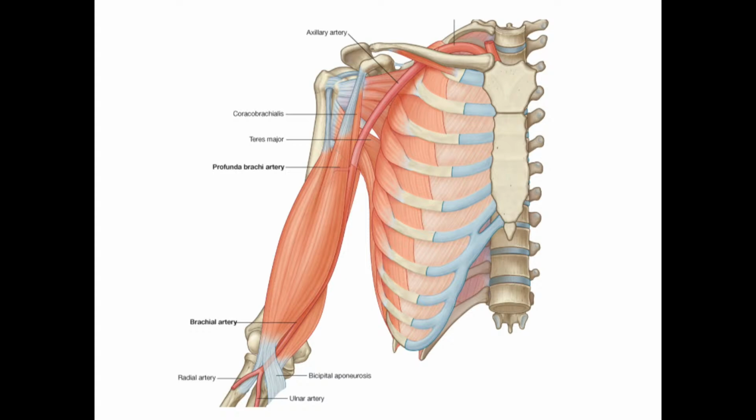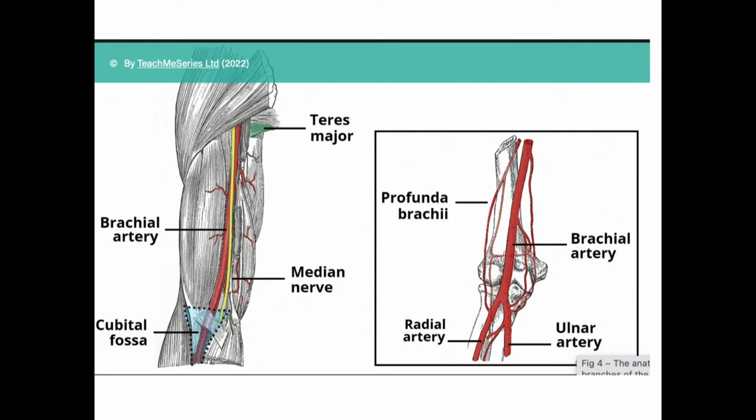To see another photo more in 3D, this is our teres major, and from the teres major it became the brachial. So it goes like this, and at the level of the elbow joint, we have the cubital fossa, this part in the hand. I will show you.